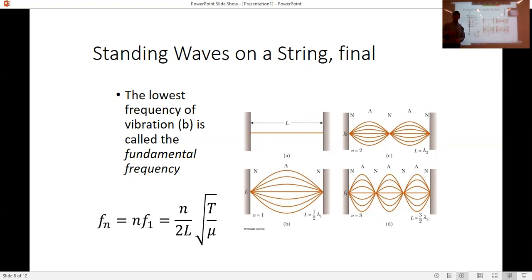Again, for the first case, tension is the one that's being changed here. But for the fundamental at a particular tension, any of the higher harmonics are just going to be some integer multiple of this. And again, you can see the relationship between frequency, the length, the tension, and the mass per unit length.